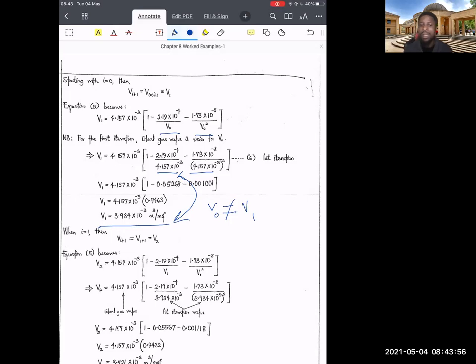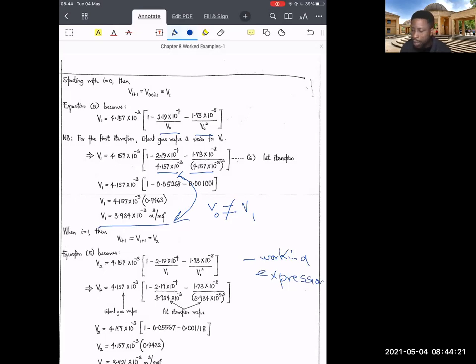What does that infer? You continue, you iterate again. And now when you're iterating next for this subsequent value, what do you use? You use the previous value, V1, to calculate V2. So if you come here, this is our working expression. Always have the working expression for your iteration.